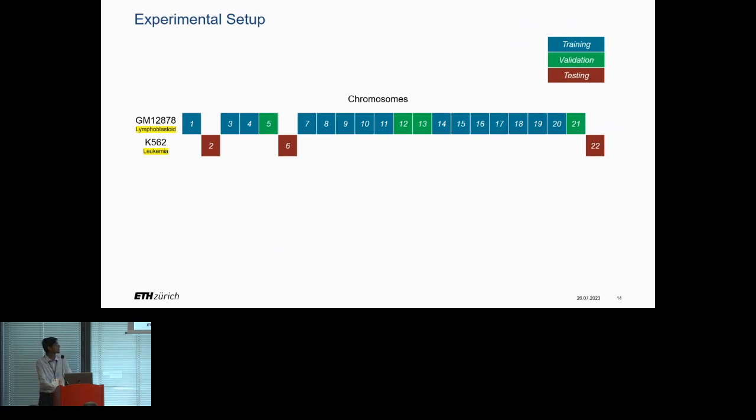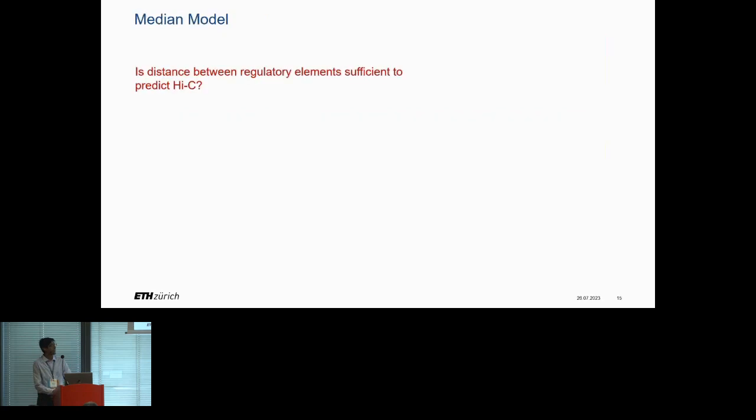Before we look at the results, we asked ourselves, do we really need something so complex to predict these interactions? Maybe something simpler could do a very good job as well. To do this, we defined a median model where the focus would be more on the distances between the interacting elements and not too much on the biology.